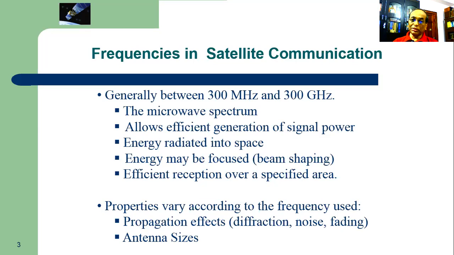Energy may be focused into a very fine stream of electromagnetic wave called the beam, and the beam shaping and directivity of the beam is usually done by using a suitable antenna system, and efficient reception over a specified area is possible.